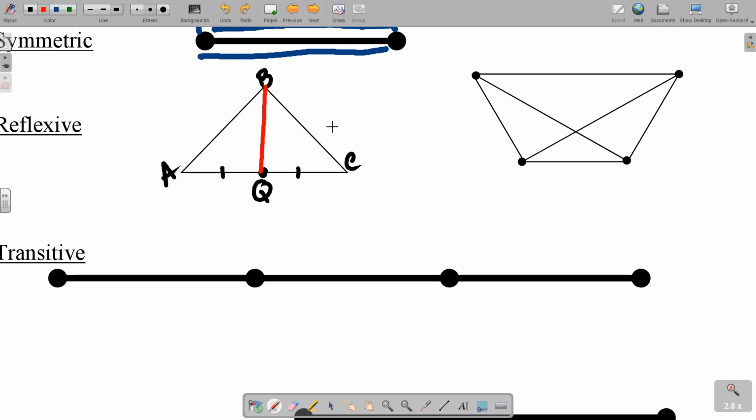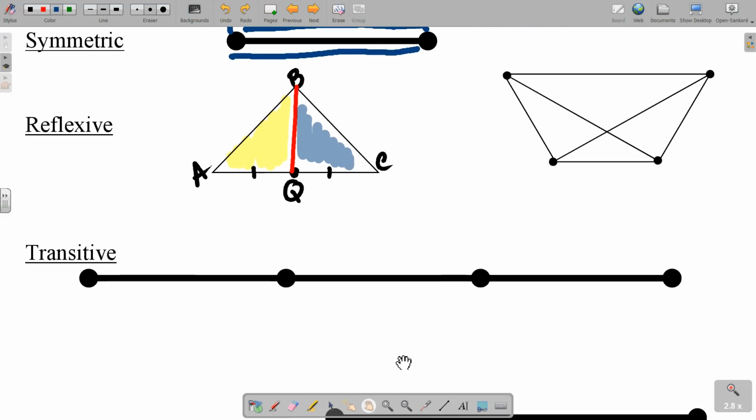Now in this triangle, two separate triangles actually share the segment BQ. They share it. It's like an apartment wall. And in this case, when you say one segment is shared by exactly two other shapes, we write it like this. BQ is congruent to, drum roll, BQ. That's called reflexive, folks. Reflexive.